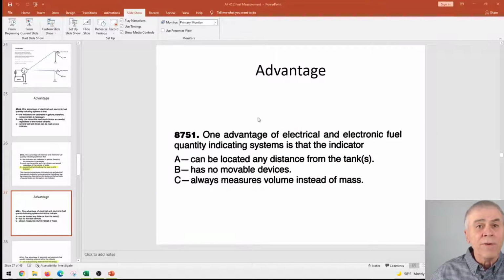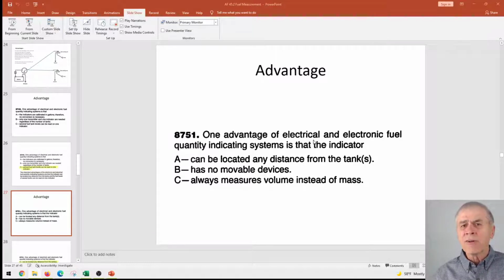But here's the other advantage. One advantage of electrical and electronic fuel quantity indicating systems is that the indicator A can be located any distance from the tanks. So basically, your two options or your two advantages are going to appear in two different questions. Has no movable devices. That might be a little tricky because it was a correct answer in a different question.